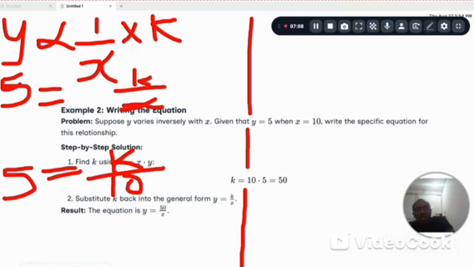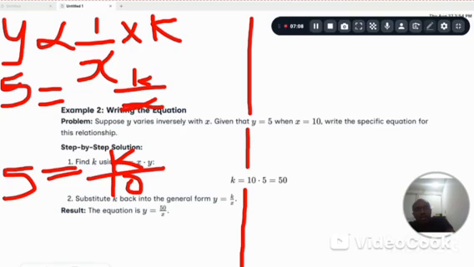Let me try to divide the screen so we can have enough workspace. Okay, so going back to this color now, let's use another color now. Okay, y varies inversely as x. Y varies inversely as x, 1 over x.